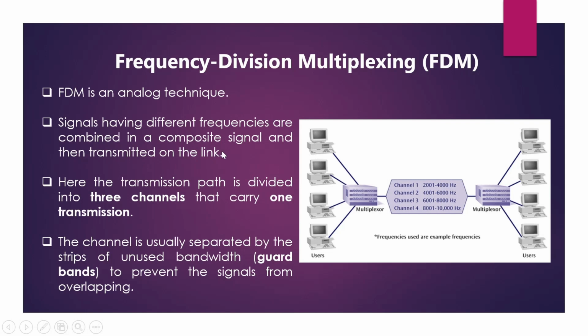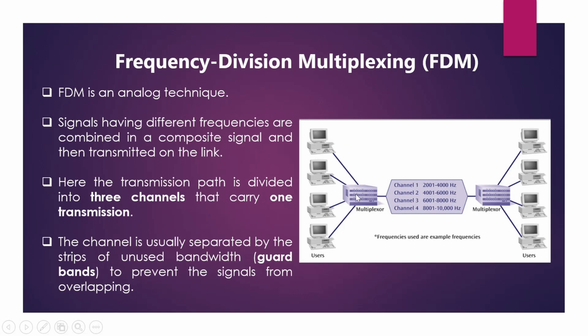That is, multiplexing is done on the basis of frequencies. Here the transmission path is divided into 3 channels in this example that carry one transmission each, and the channels are usually separated by strips of unused bandwidth, which are known as guard bands, to prevent the signals from overlapping.